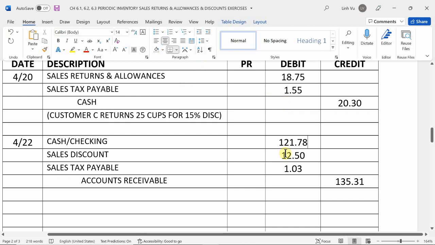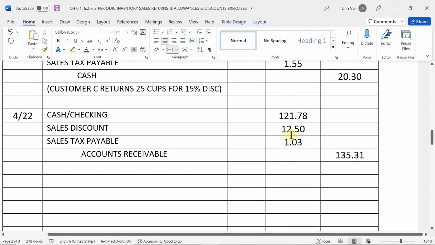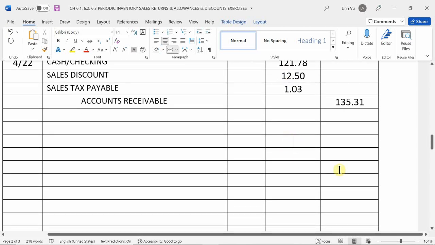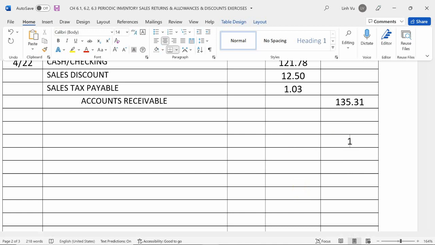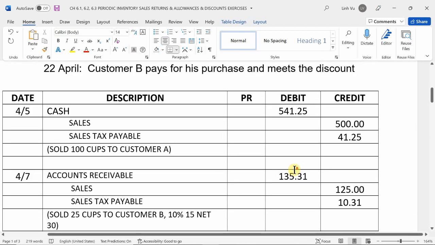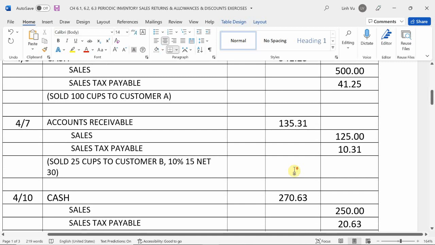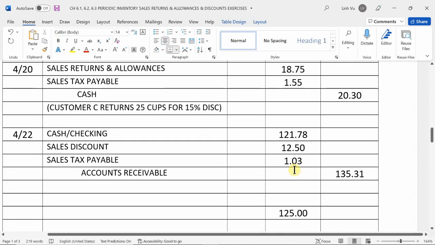But if it's a little difficult to understand why we get this number, let's show it to you another way, right? So we originally charged him for sales. Let's do the left side as your original amount and then the discounted amount on the right side. So in this case, we originally charged him $125, right? The sales tax on that was, what was it? $10.31.